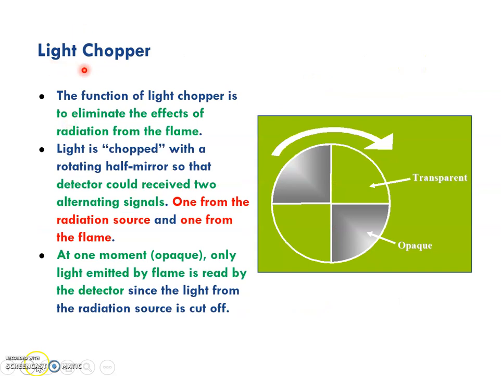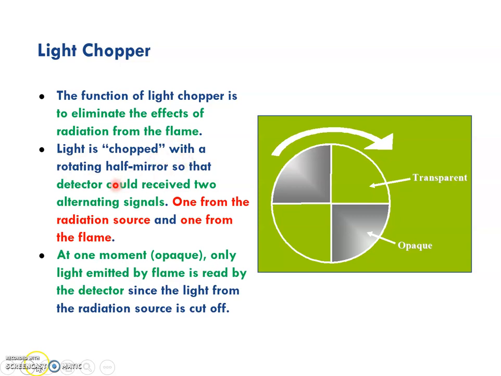This slide explains how the light chopper works to modulate, or to eliminate, the effect of radiation from the flame. So this is the light chopper. We have a transparent part and an opaque part. The function of the light chopper is to eliminate the effect of radiation from the flame, as we already discussed in the previous slide.